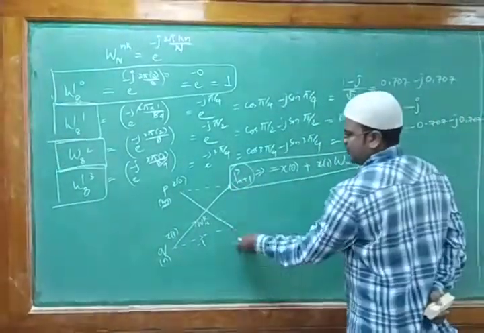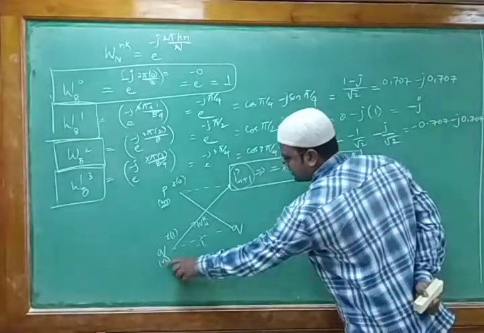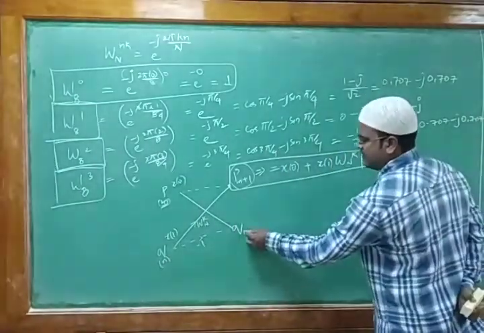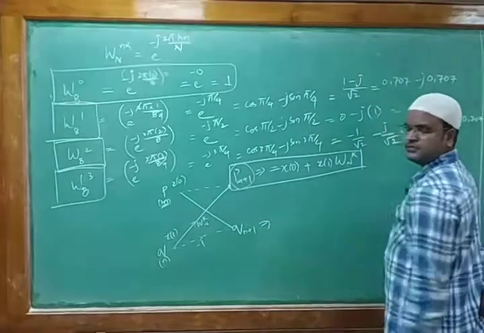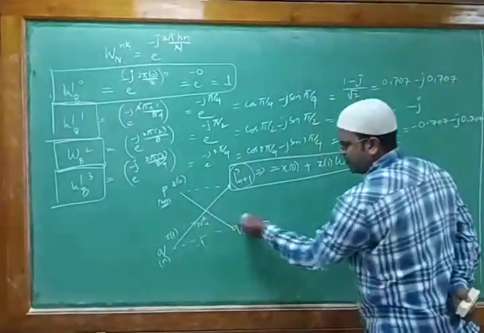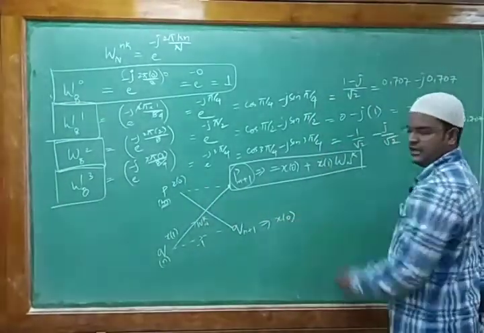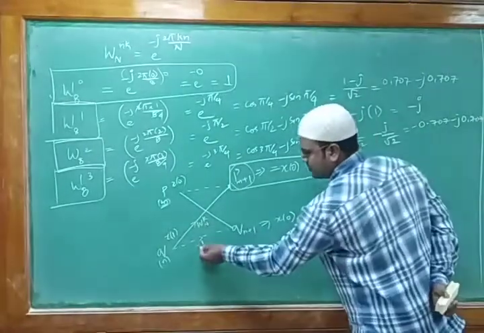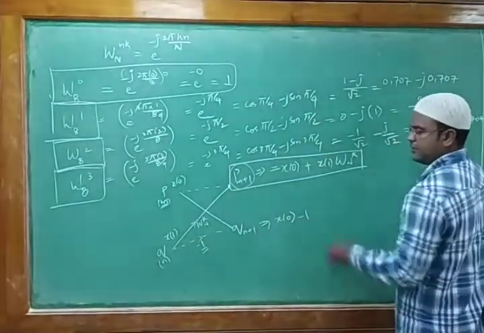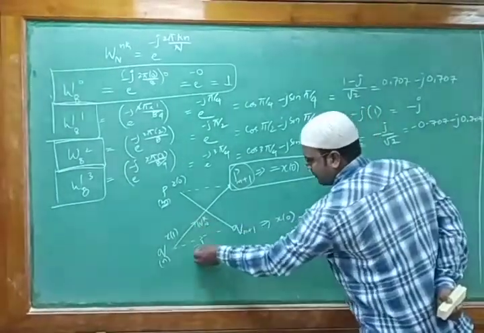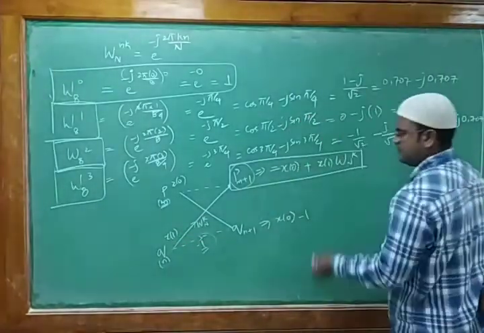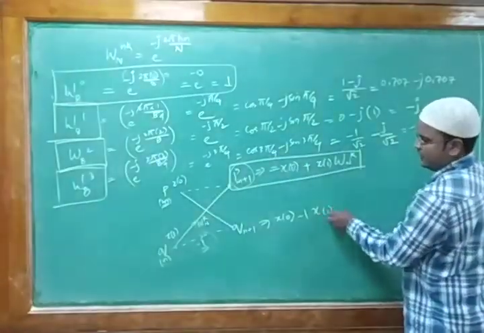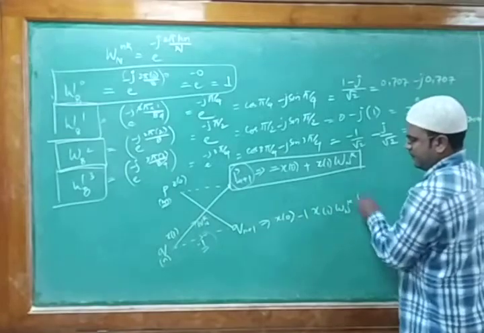Likewise, if n is the present stage, how do I write the next stage, n plus 1? Same, I'm getting x of 0 as it is, but since it's a feedback, it's minus 1. Minus 1 into x of 1 into Wnk.